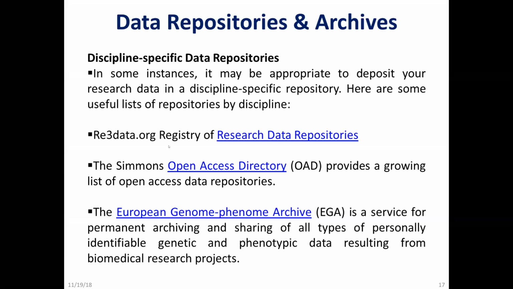It is a general one. But as we mentioned, most of H3Africa send their data through the H3BioNet archive to the European Genome-phenome Archive, the EGA. It is for permanent archiving and sharing of all types of personally identified genetic and phenotypic data resulting from biomedical research projects all over the world, including Africa.